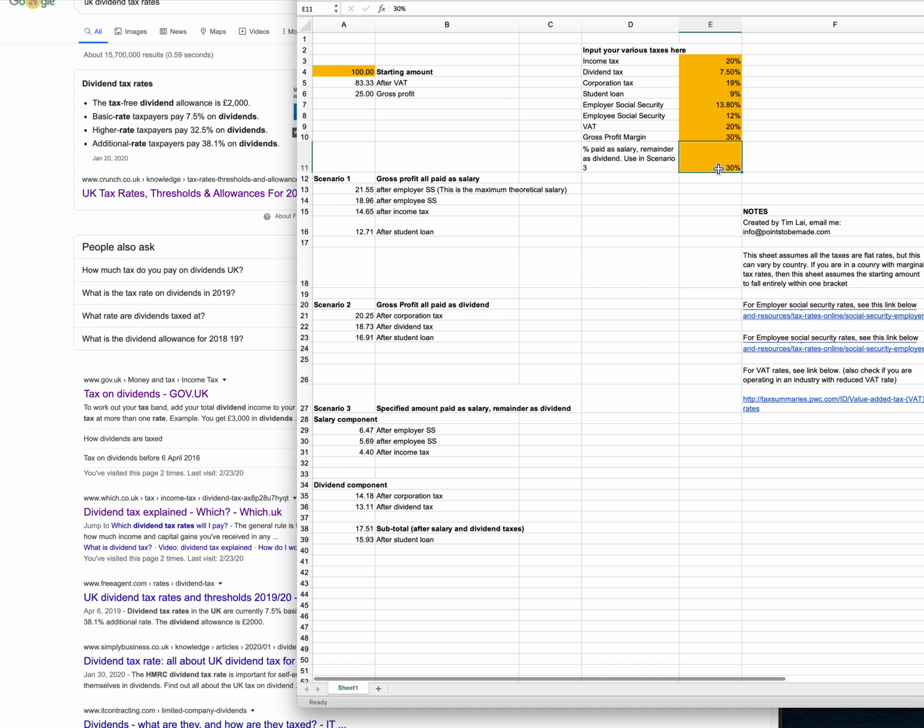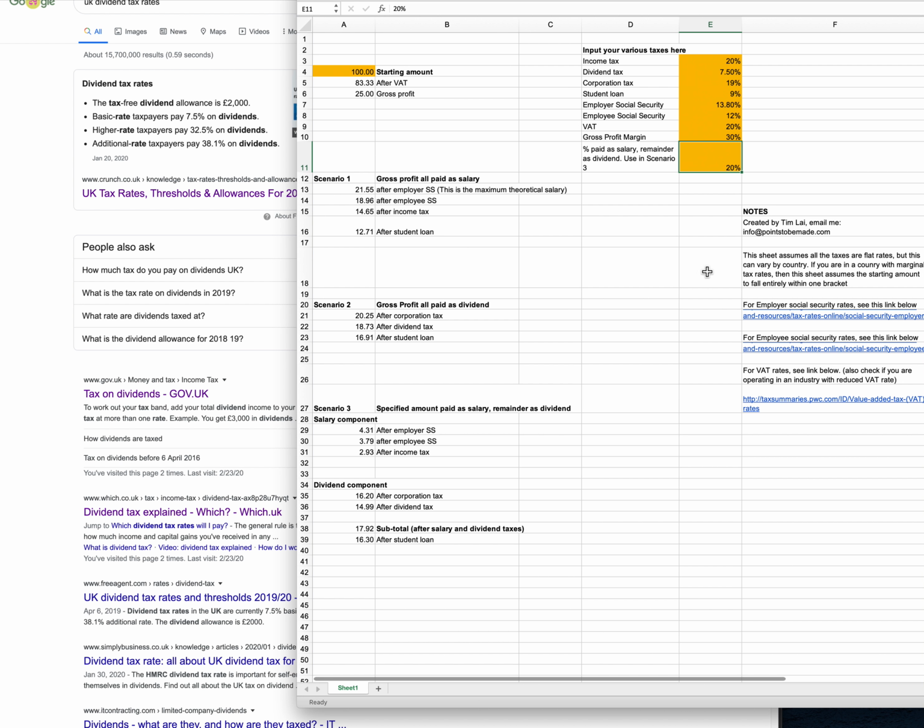So let's assume 80% is paid as salary and 20% is dividend. These two boxes are the ones you need to look at. So we've got 15.47 and 14.08%. If I look at 20% as a payout as salary, see how much it increases.